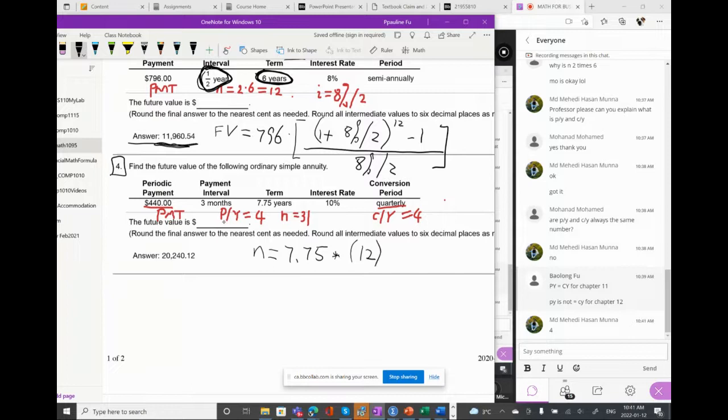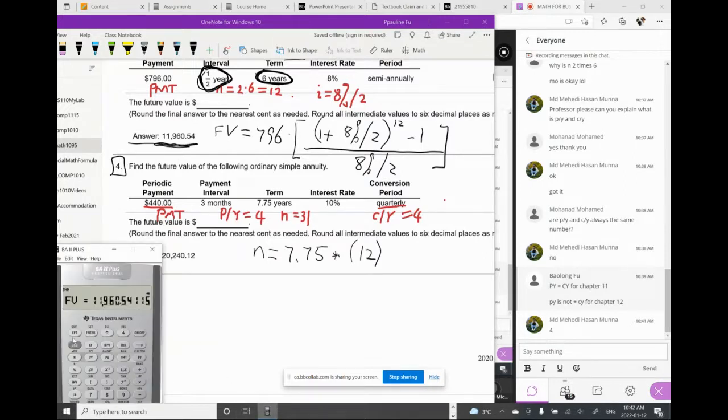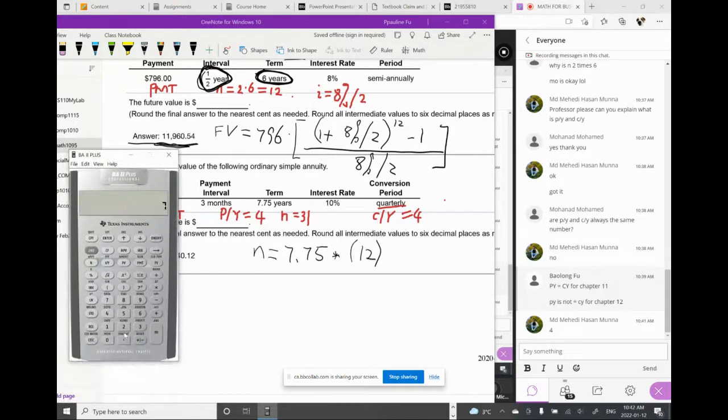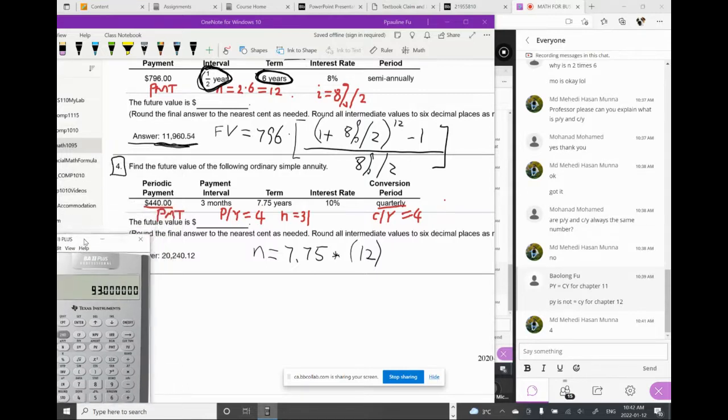Okay, let's do this calculation. Pull out my calculator. 7.75, second quit. I want to do 7.75 times 12, equal. Oh, no, not times 12. Why did I make a mistake?